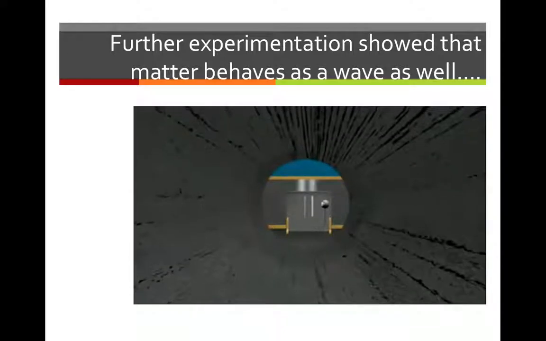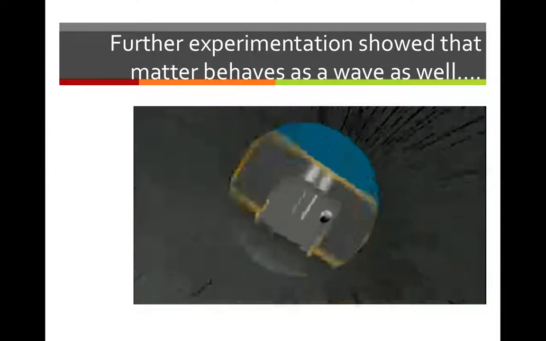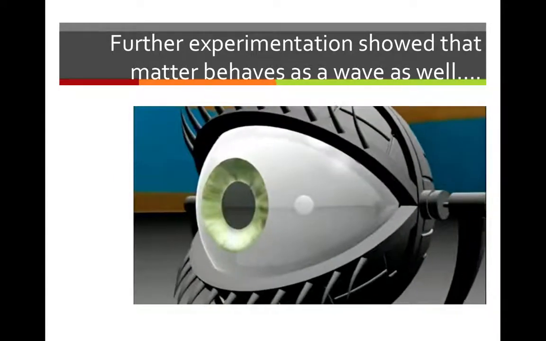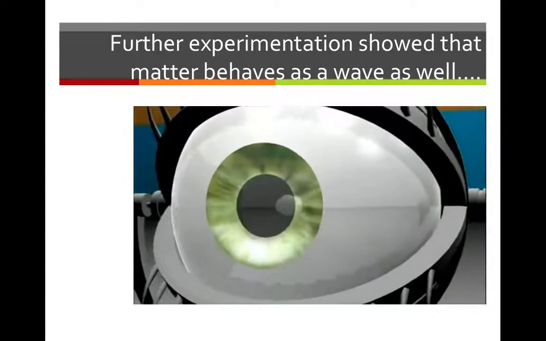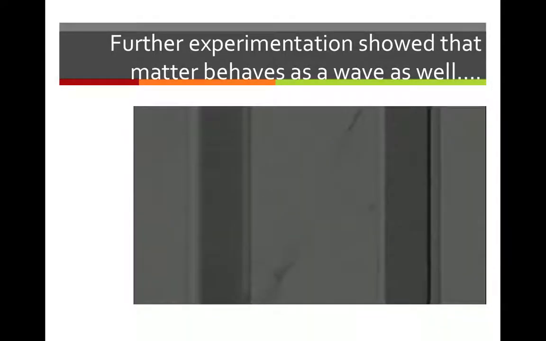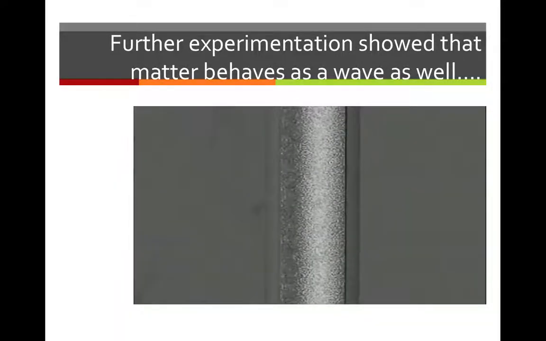The electron decided to act differently, as though it was aware it was being watched. And it was here that physicists stepped forever into the strange, never-world of quantum events.